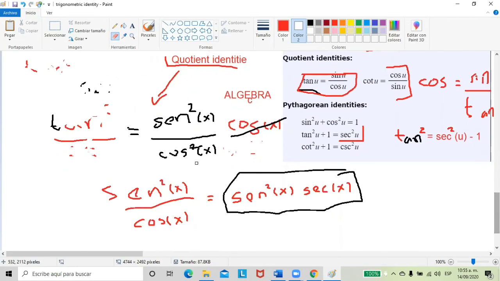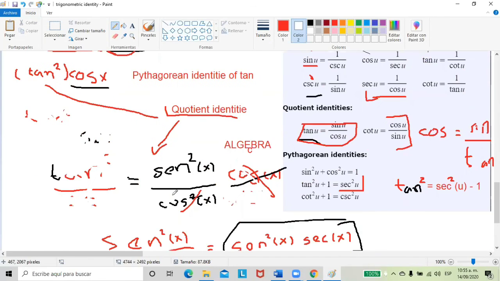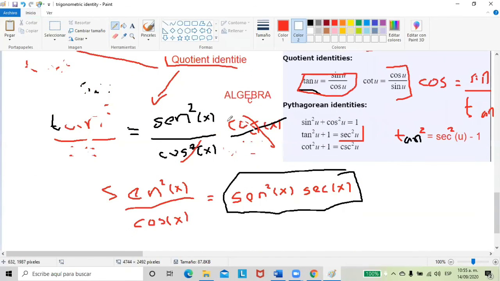It's algebra because we eliminate cosine with the cosine. This is just multiplying. This with this, so that is algebra. This is the quotient identity because tangent is equal to sine over cosine, and this is just algebra.